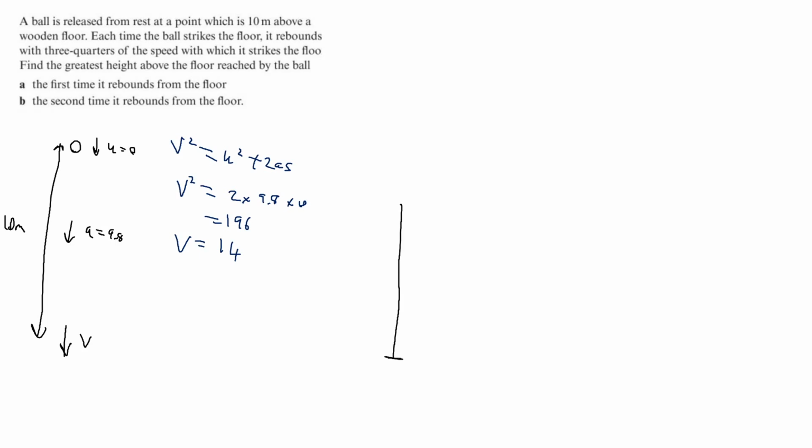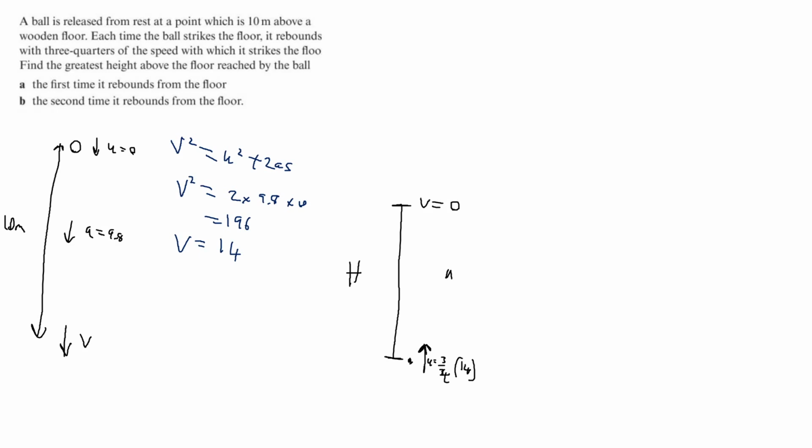This time it's coming over here. This is the height that we want to find. We know that the initial velocity is going to be 3/4 times 14. At the greatest height of rebound, the final velocity is going to be 0.